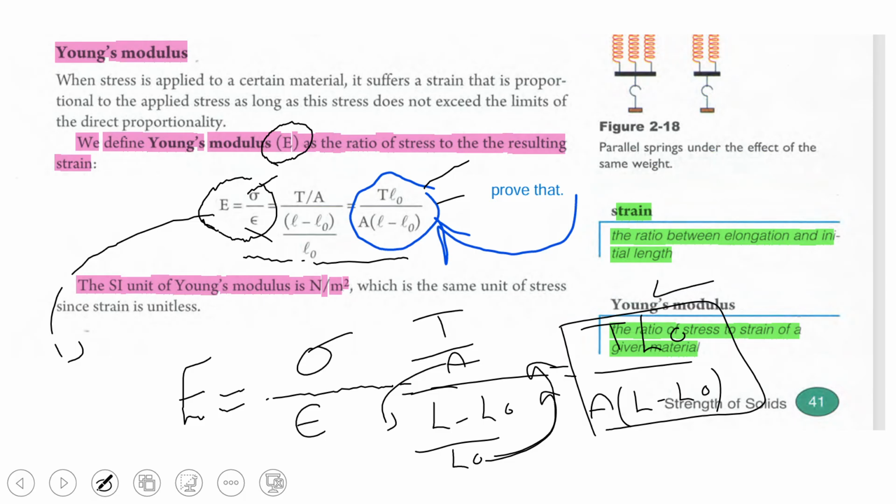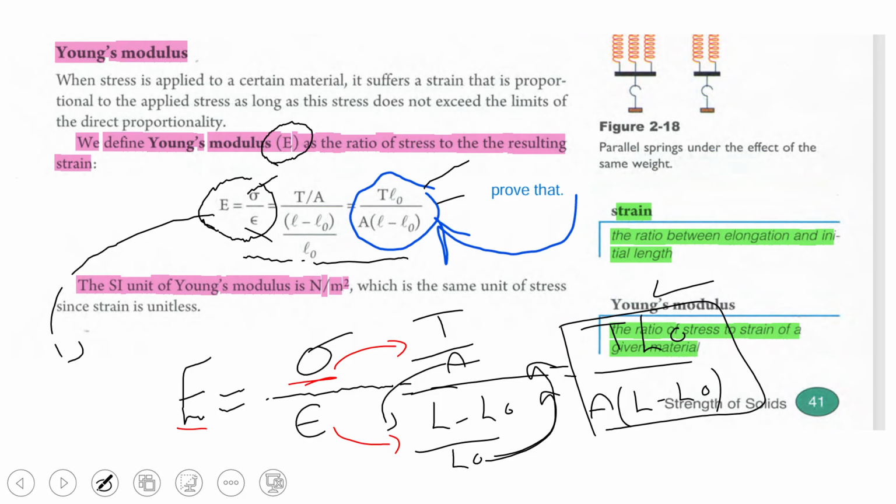So guys, I'm going to repeat again. Look, Young modulus equals stress over strain. We know stress equals tension over area, and strain equals L minus L naught over L naught. So now we can arrange this.